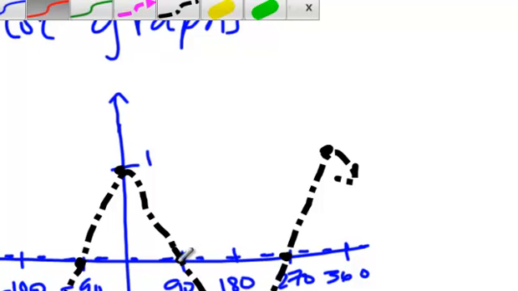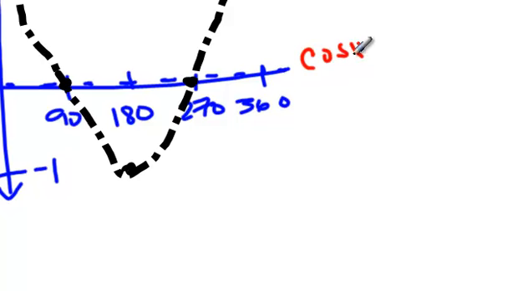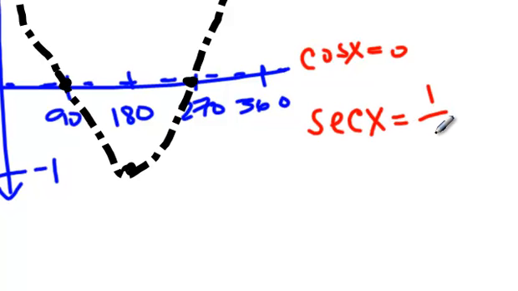When our graph crosses the sinusoidal axis, that is equal to 0, correct? So when cosine of x equals 0, and we're plugging it in for x, it's going to create an asymptote.